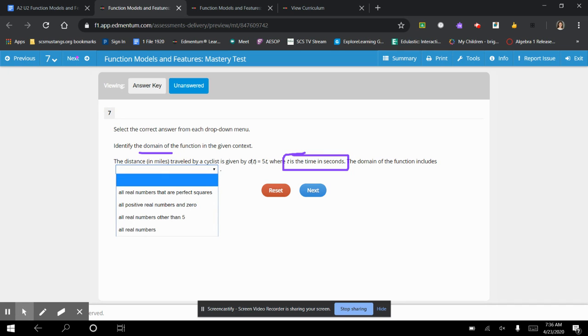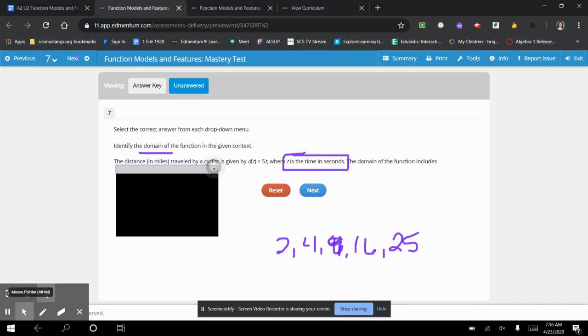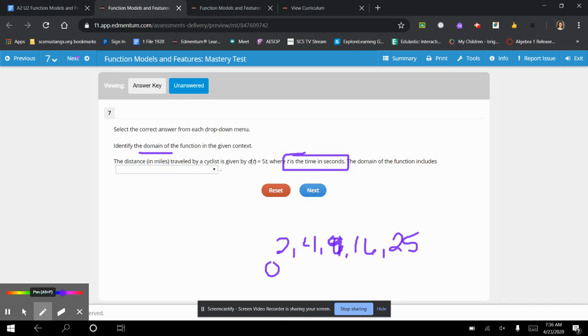Looking at the options that they give us, is it going to be all real numbers that are perfect squares? So for that one, are we looking at things like 2, 4, 9, 16, 25? Is that the only way that we could measure time? And then the next one is all positive real numbers and 0. So this is, can we measure time in 0?